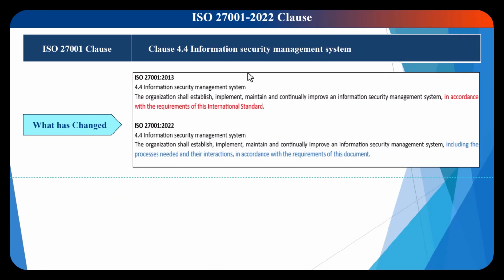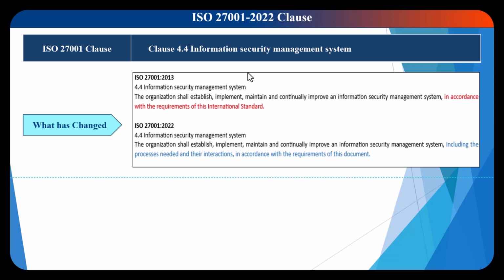Okay, so in clause 4.4, there's only a verbiage change that you really need to update. So there's not a whole lot that you have to do here. Previously, the verbiage read, the organization shall establish, implement, maintain, and continually improve an information security management system in accordance with the requirements of this international standard.